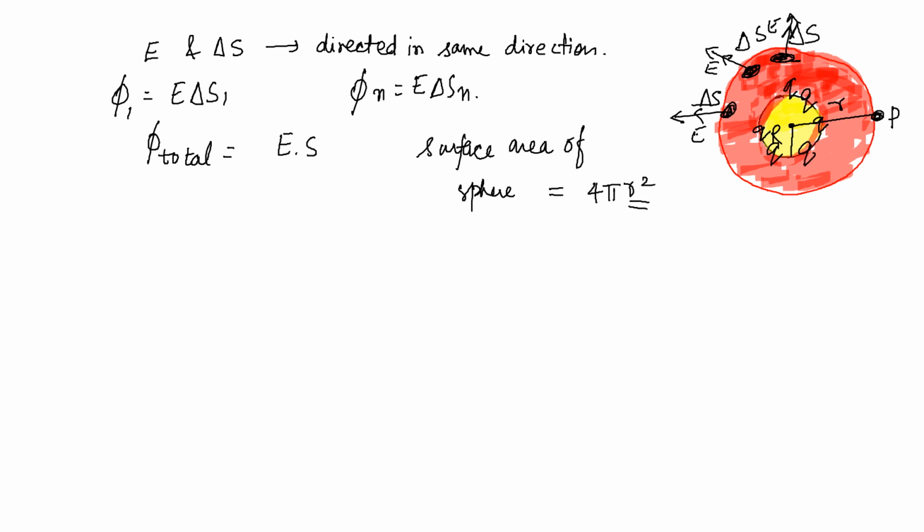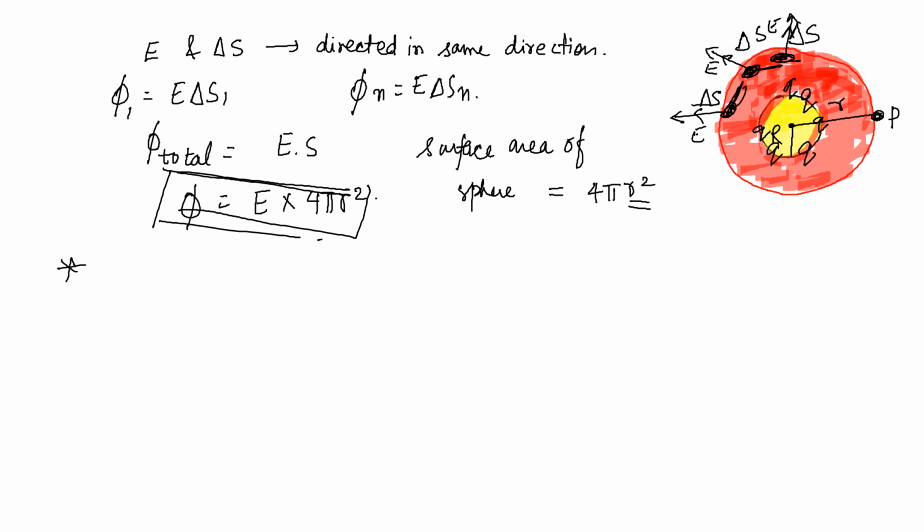Why have we taken this square? Because we are dealing with these surfaces. So the flux will become E into 4 pi r square. Done. This is one equation for the flux.